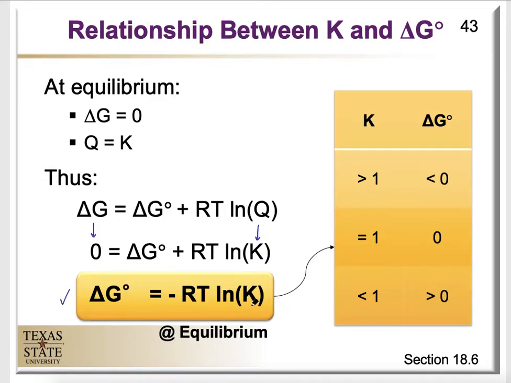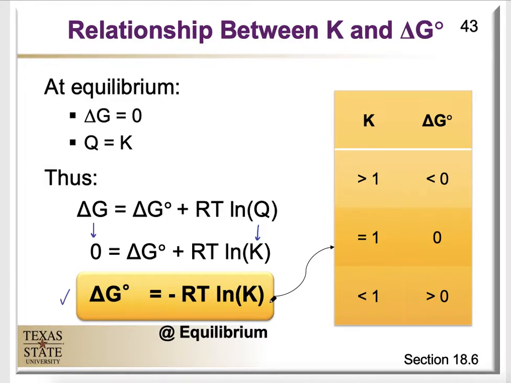It could be a Kb for a weak base dissociation. It could be a Ksp for a solubility product problem where you have a solid. It could be Kw for water. It could be Kc or Kp. It doesn't matter. Any of those equilibrium constant numbers could go here.